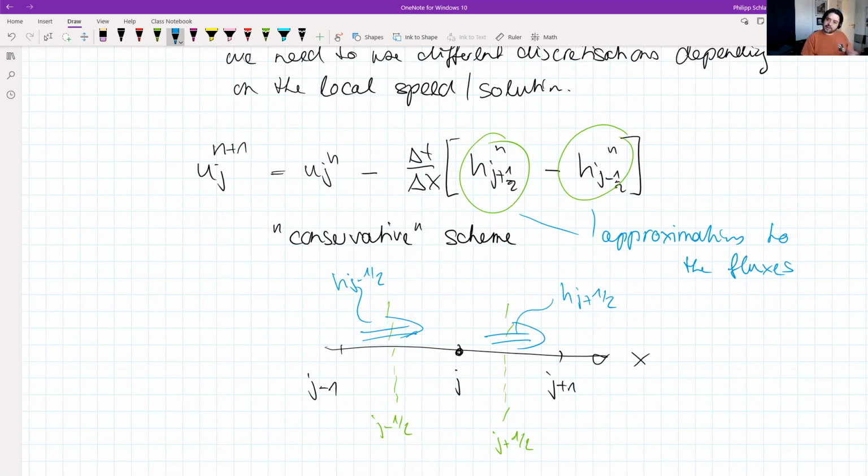Because this scheme is really based on fluxes coming in and fluxes going out, I will call this conservative. As soon as my calculation of the flux is correct, just thinking back of an integral form as before, I add whatever comes in and subtract whatever goes out, and that is the change to my value. I would always automatically fulfill the conservation properties, because everything is just based on the fluxes.